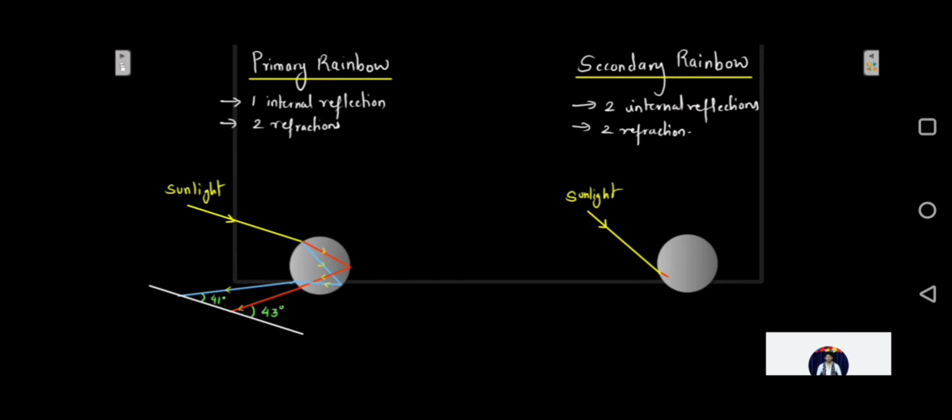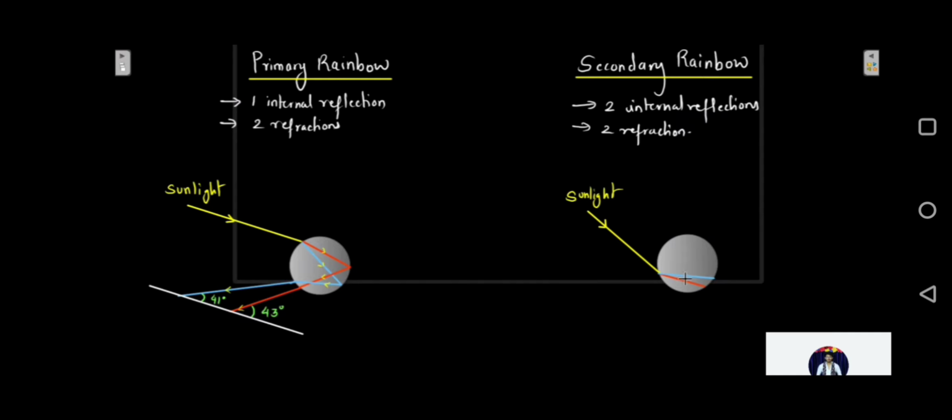So let us mark this red and violet, the upper and the down one. Let us see that the red color is coming in like this. The violet, let's represent with the blue line. So there will be one internal reflection happening next.